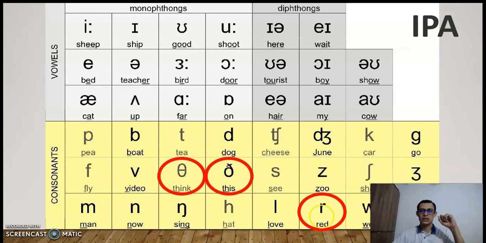But in English, it's different. The tongue has to be quiet as well, like R, for example, red. If you say the Spanish rolled R in red, that's a mistake, because this is an English word. That's why we have to say R, like red.